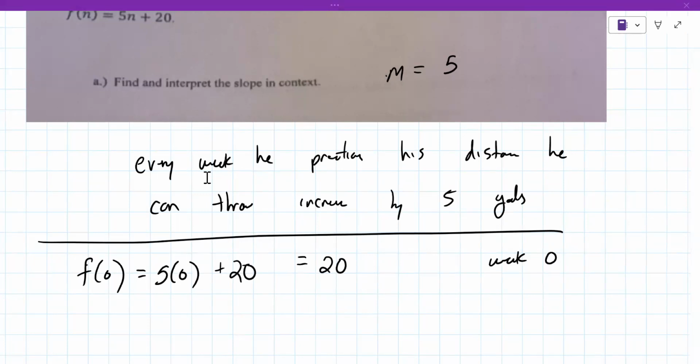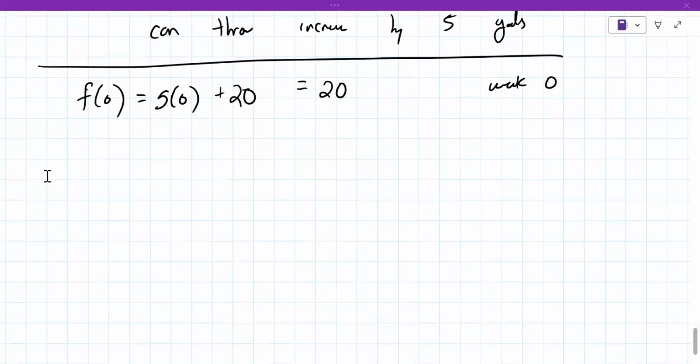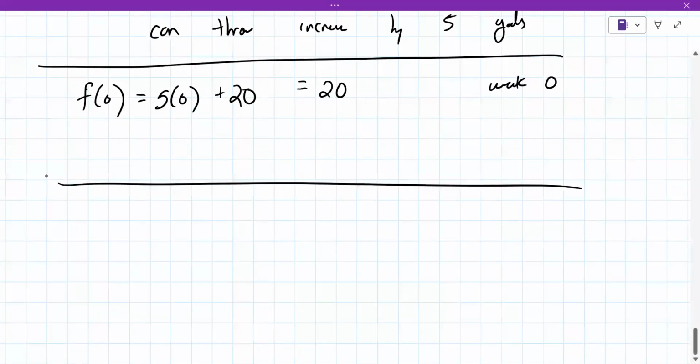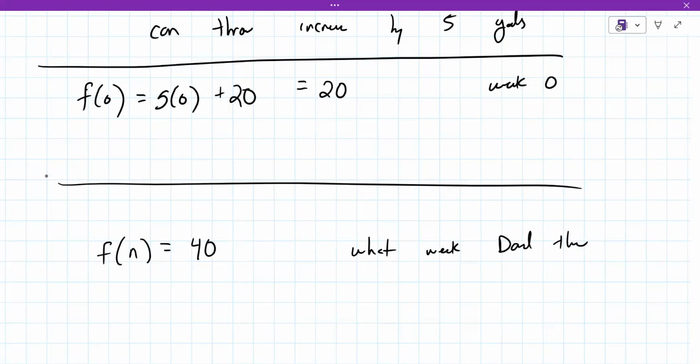Okay. Now, let's say we're interested in figuring out when he can throw for 40 yards. When does f of n equal 40? So we're basically asking what week can David throw for 40 yards?